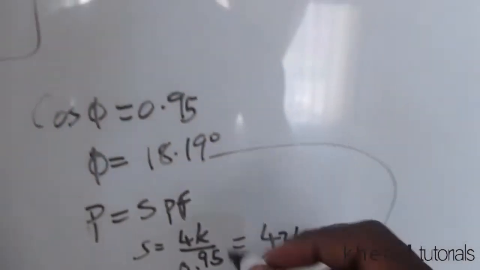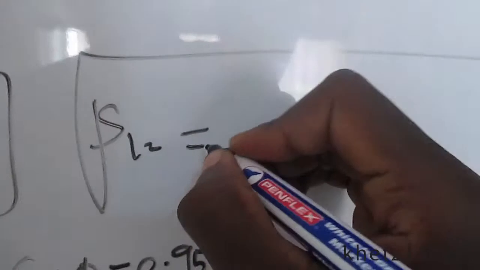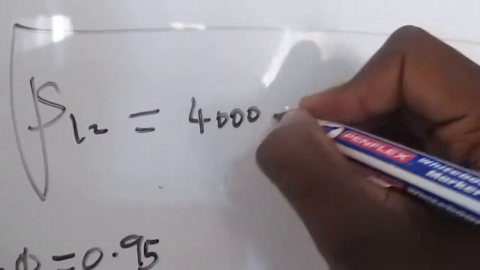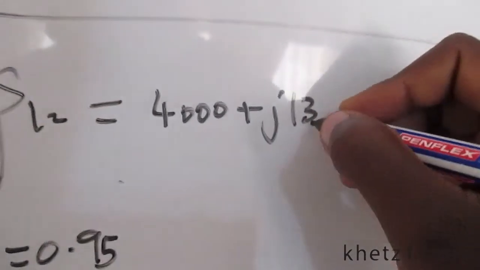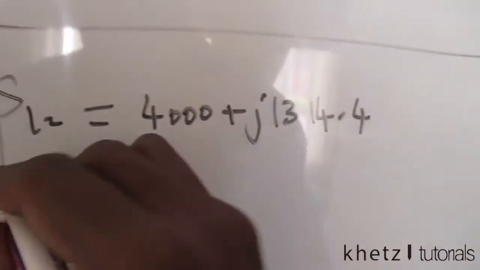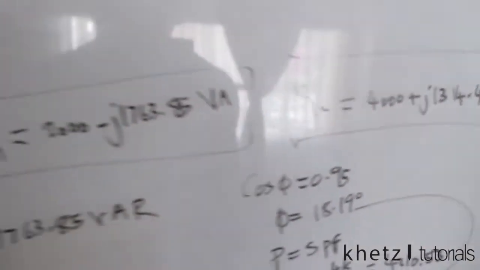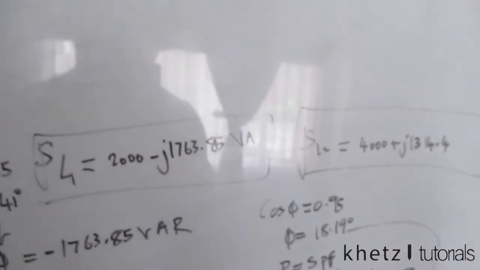Now for this load, let's say load 2, we're going to have a complex power of 4,000 plus j1314.4. So we have the complex powers of these two elements.